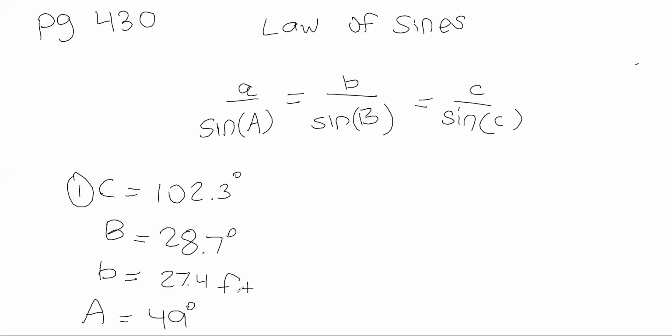Now let's find side length c. So we want to use this part of the law of sines. We want to substitute the values. We get something like this.